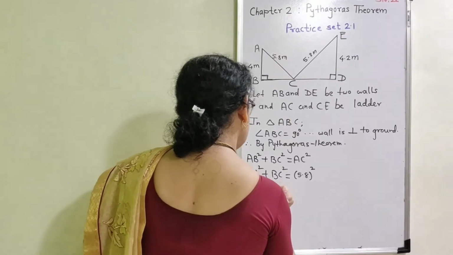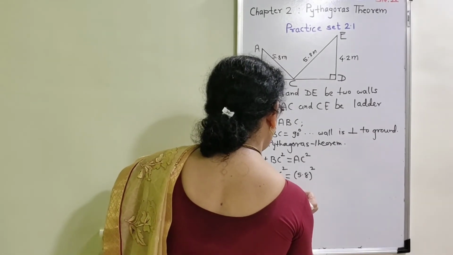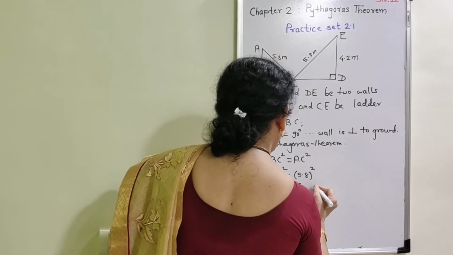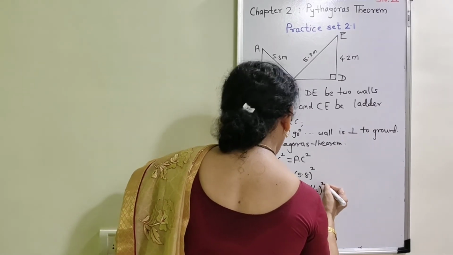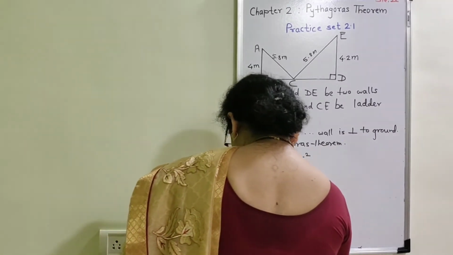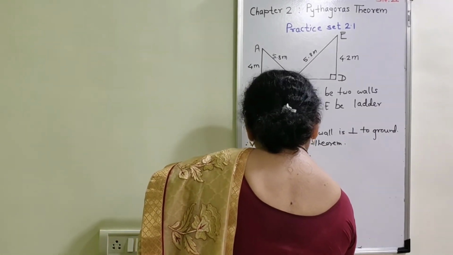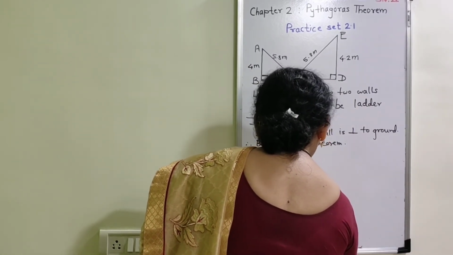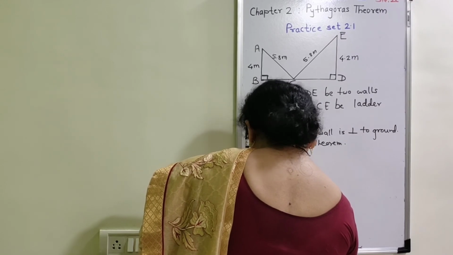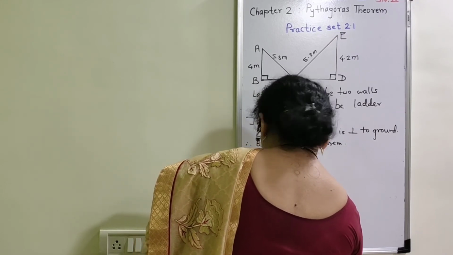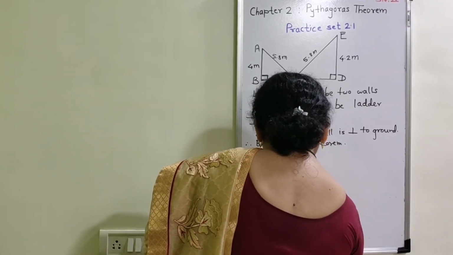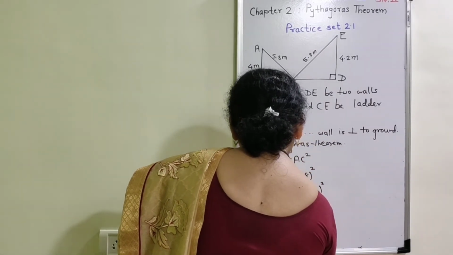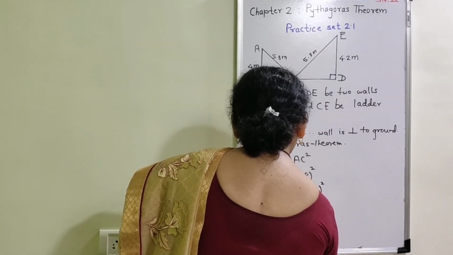Therefore BC square is equal to 5.8 square minus 4 square. 5.8 square is equal to 33.64, and 4 square is equal to 16. Subtract this, you will get 17.64 as your final answer for BC square.